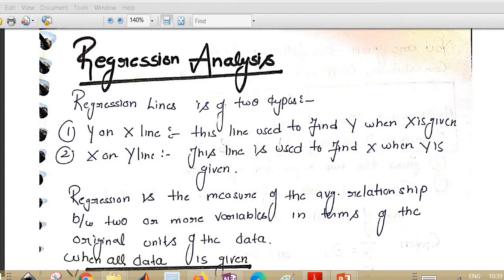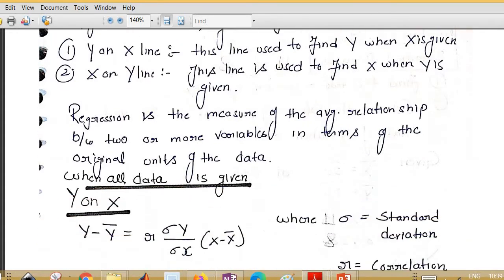So the regression line is used to measure the average relationship between two or more variables. Here the points on the x axis are one variable, the independent variable, and the points on the y axis are the dependent variable. So with the help of regression we find the average relationship between these two variables.